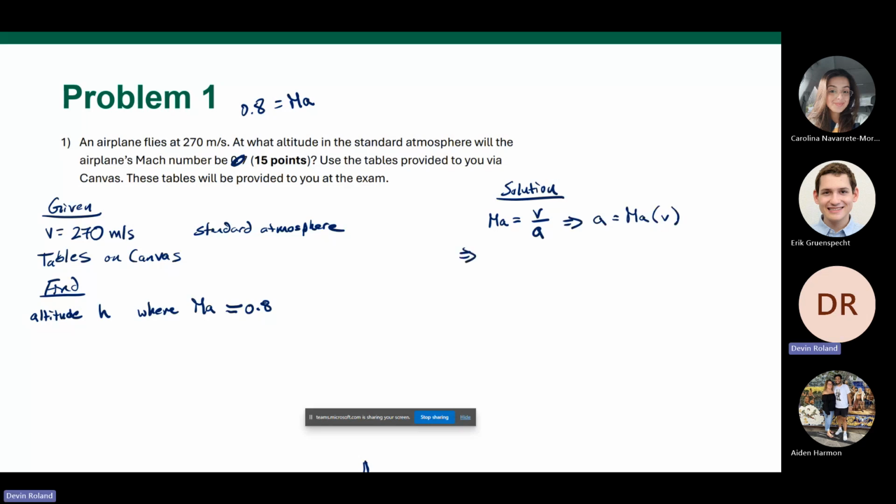Oh wait, no, I just did the algebra completely wrong. This would be velocity divided by the Mach number. I just rearranged that incorrectly. So the speed of sound will be 270 meters per second divided by a Mach number of 0.8.